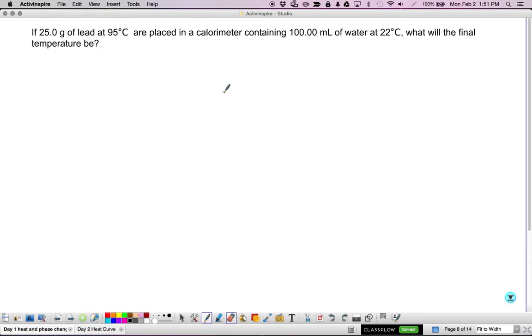The water is going to increase in temperature and the lead is going to decrease in temperature, which means the Q of the lead is going to have a negative value and the Q of the water is going to have a positive value. Turning this into math: Q water equals negative Q of the lead.